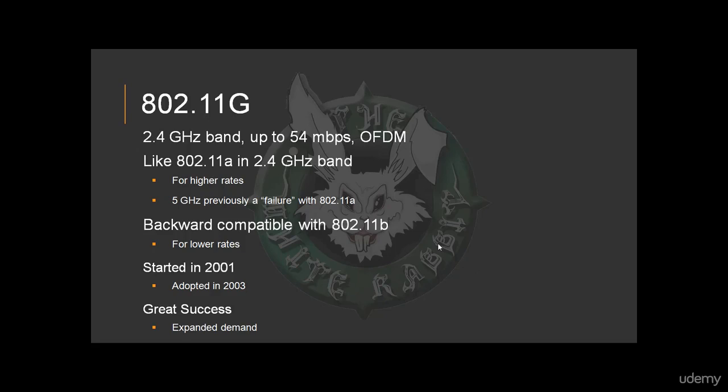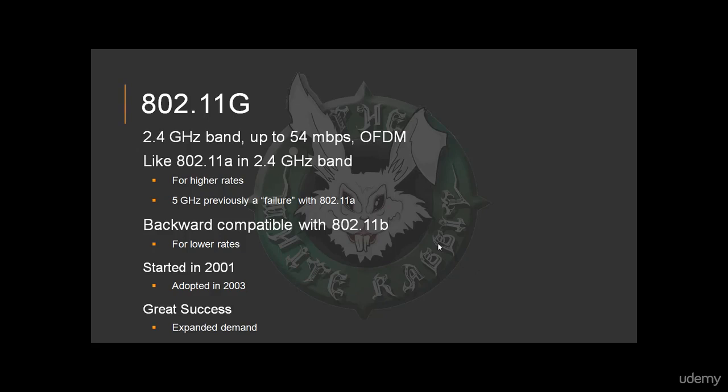This takes an OFDM system that works up to 54 megabits per second, and instead of operating at 5 gigahertz, this comes down to 2.4 gigahertz. So it's also backward compatible with 802.11b. It therefore has these advantages over 802.11a, that it can maintain that 54 megabits per second, but work more nicely with 802.11b.